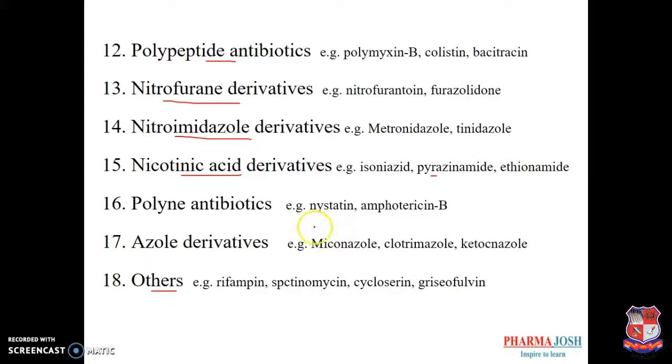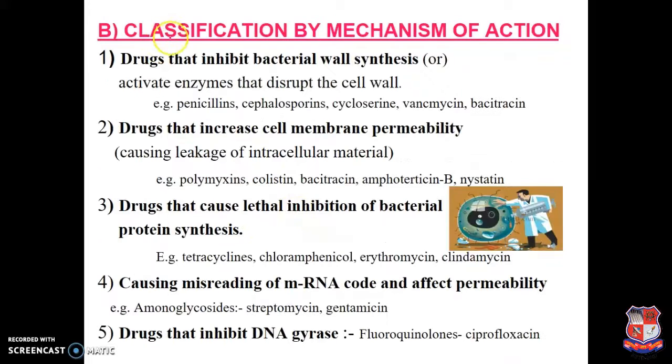Now we move on to the second variety of classification, the classification based on mechanism of action. This is the main classification of antimicrobial agents. First, drugs that inhibit the bacterial cell wall or activate enzymes that disrupt cell wall synthesis.